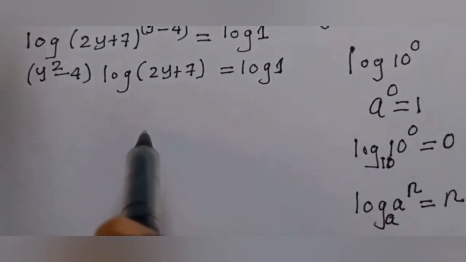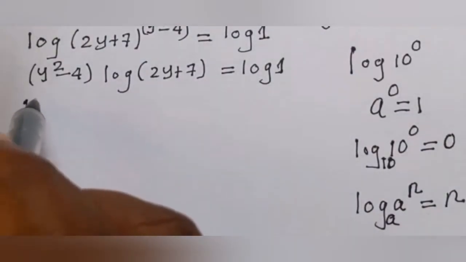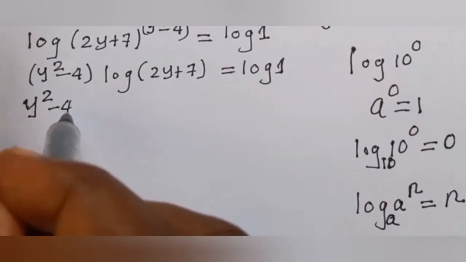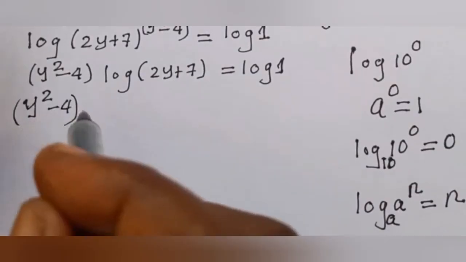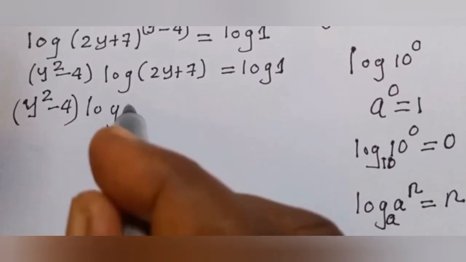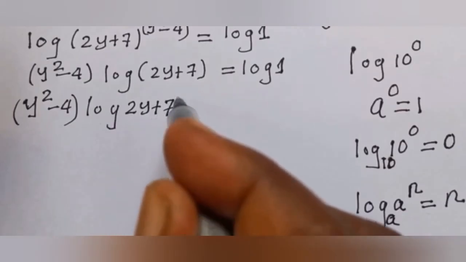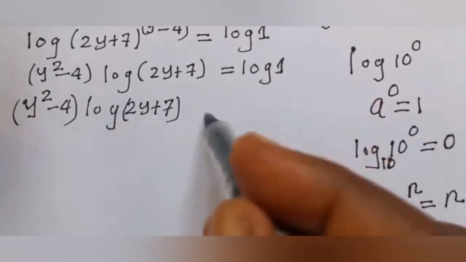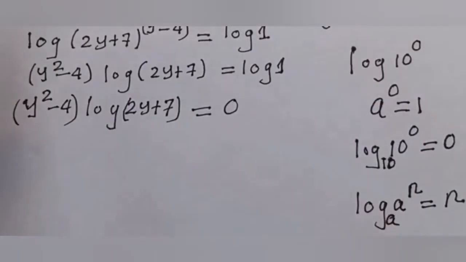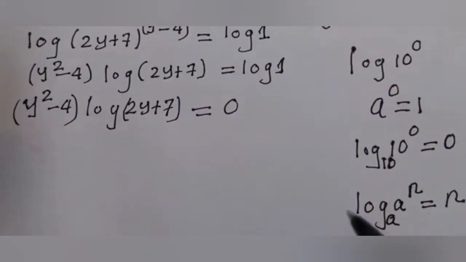So we have y squared minus 4 in the bracket, times log of 2y plus 7 in the bracket, equals 0, because we have seen log 1 equals 0.